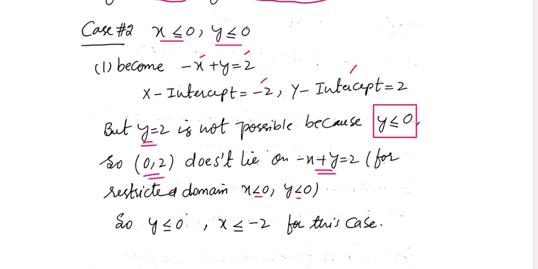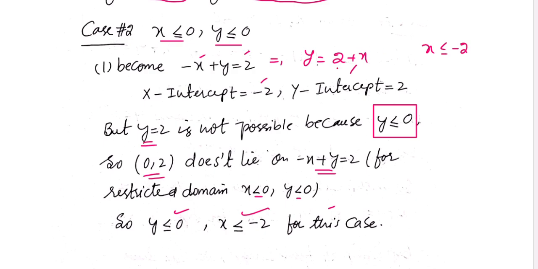So y is less than or equal to 0 when your x is less than or equal to minus 2 for this case. That is, from here, if you find y, this becomes y is equal to 2 plus x. Now I want y to be less than or equal to 0. So when you put x less than or equal to minus 2, your y will be negative.